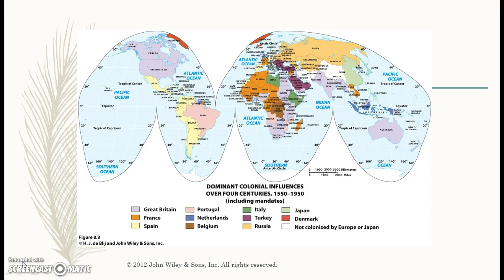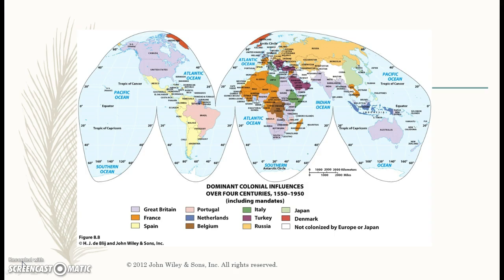One that may surprise you is Belgium, which carves out a huge territory, especially compared to the size of Belgium, in the middle of sub-Saharan Africa and the Congo region. The treatment of the Congolese by the Belgians is something that persists until today and continues to cause problems in that region in terms of economic development and the like. Other influences you maybe didn't know about: Italy has some major influence in parts of Africa.